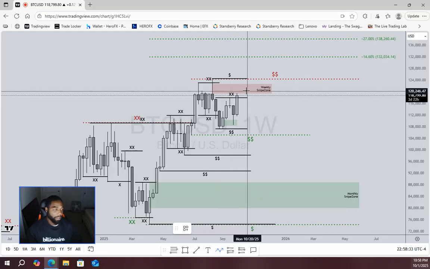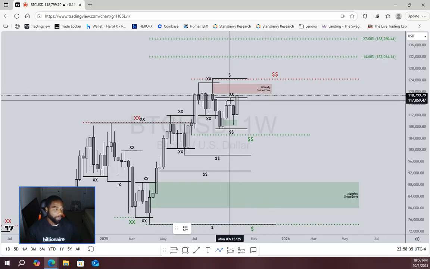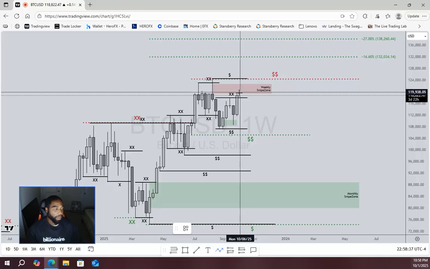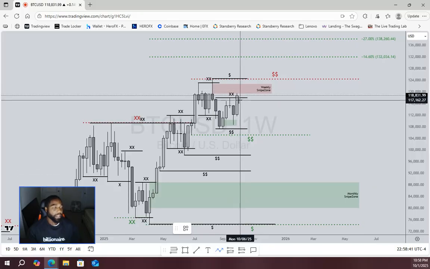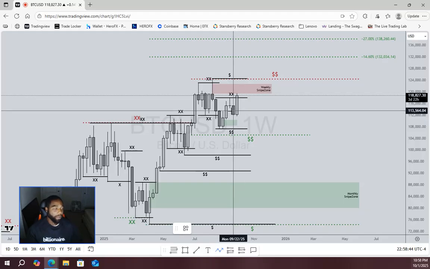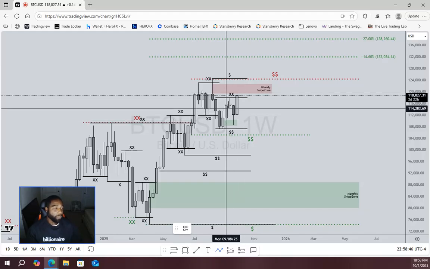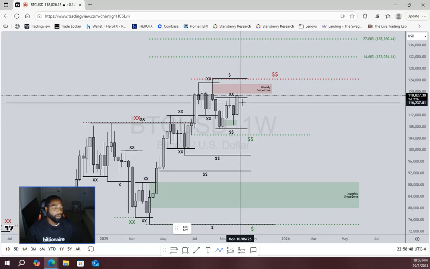And as you can see, we have the weekly snipe zone here, right above these equal highs that price is targeting now. That's going to create and establish a higher high on this weekly time frame.